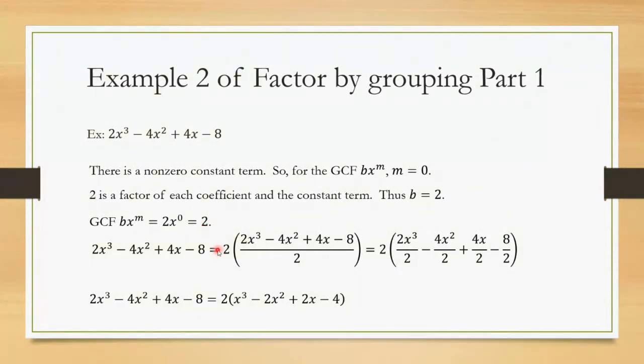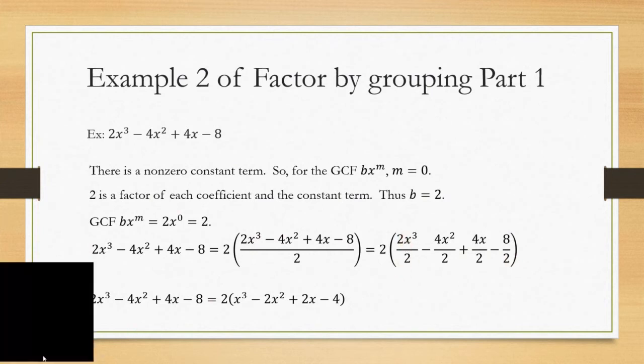Once we know what it is, we factor it out. We put it in front, we divide. And how do we divide? We divide into each term here, like so. And what happens when you divide? The first quotient, the 2's cancel.